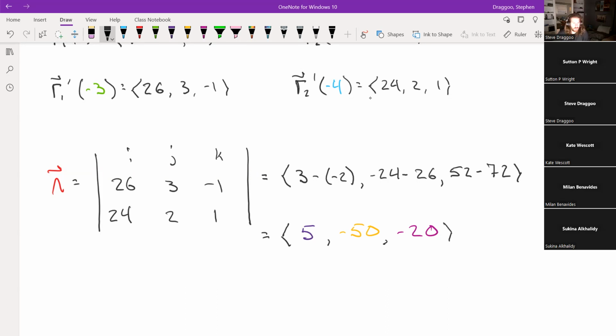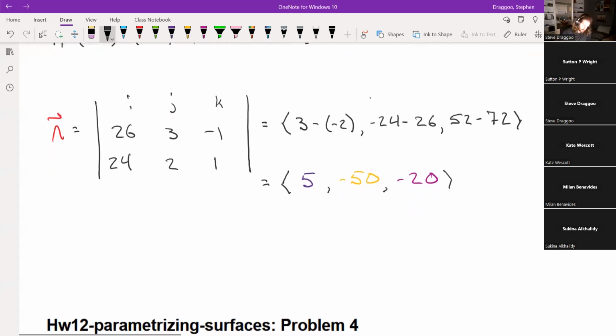If all we needed was the normal vector, we could stop there. But we need slightly more than that. We need to put this thing into the equation of a tangent plane. So this is 0 is equal to n dotted with the variable vector minus the position vector, that initial point.